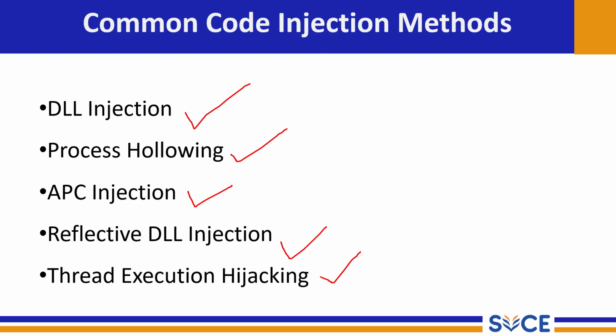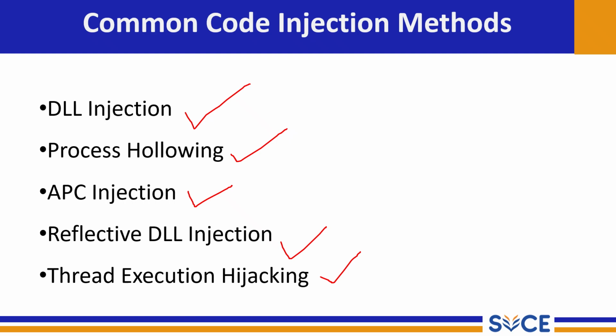And the third one, APC injection. How it works: using asynchronous procedure calls to queue the malicious code. For detection, monitor QueueUserAPC calls targeting unexpected threads, or look for thread execution in processes that should not have any APC. That is an asynchronous procedure call, so that is APC.